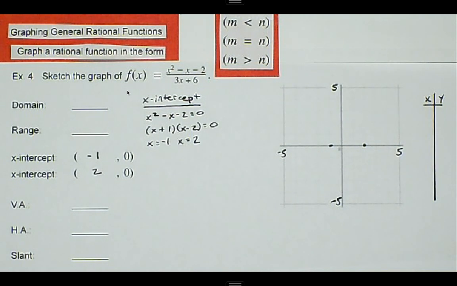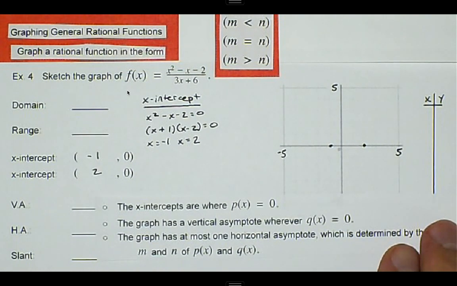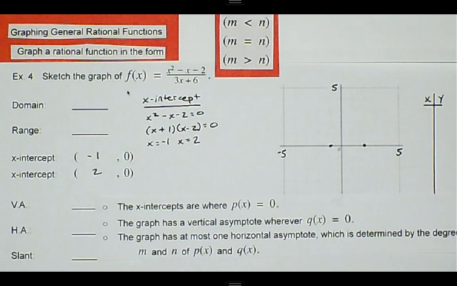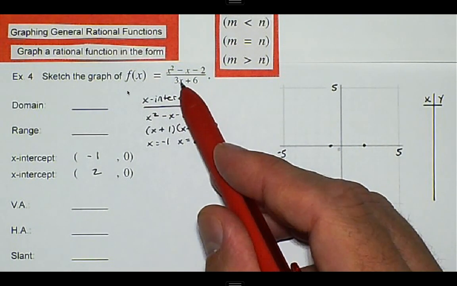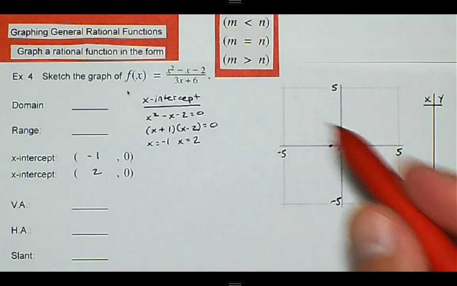The next thing that we can look at is we want to look for our vertical asymptote. And what we do there is we set the denominator equal to 0 and see what that ends up being. So our denominator for our vertical asymptote is 3x plus 6.